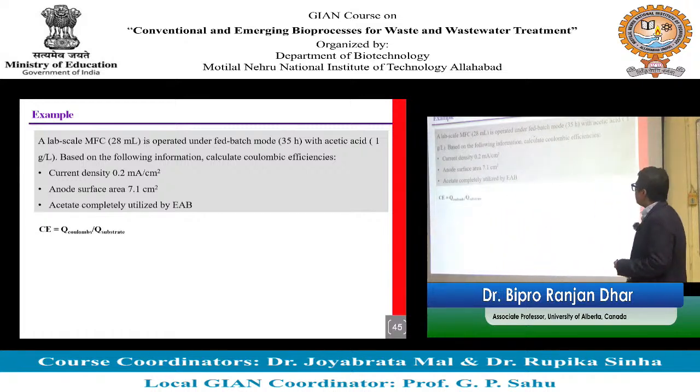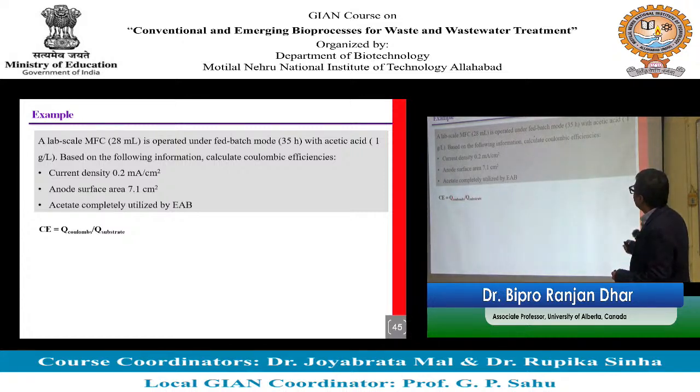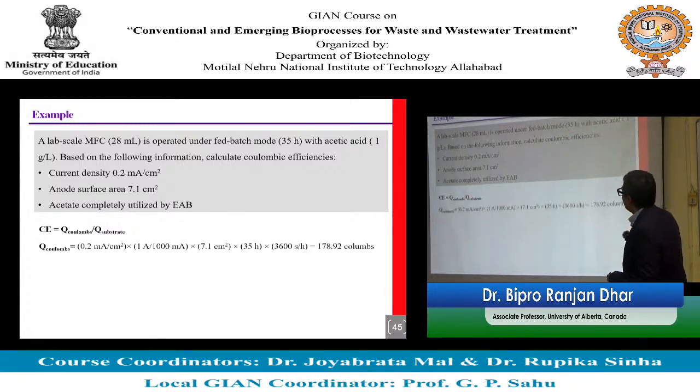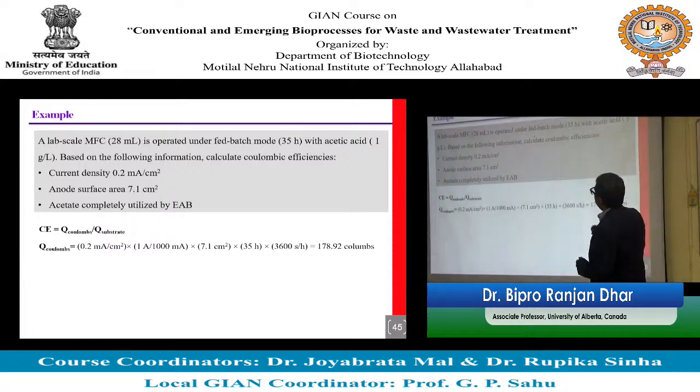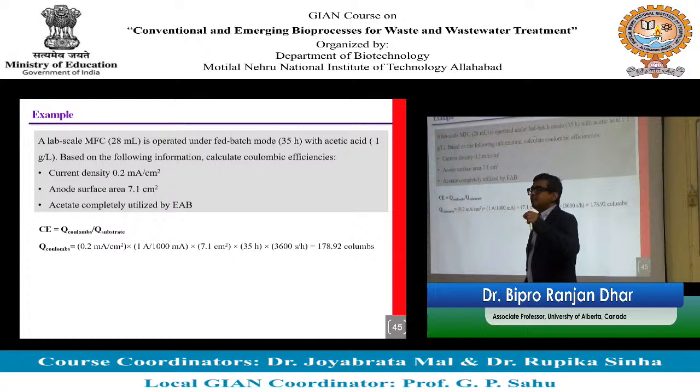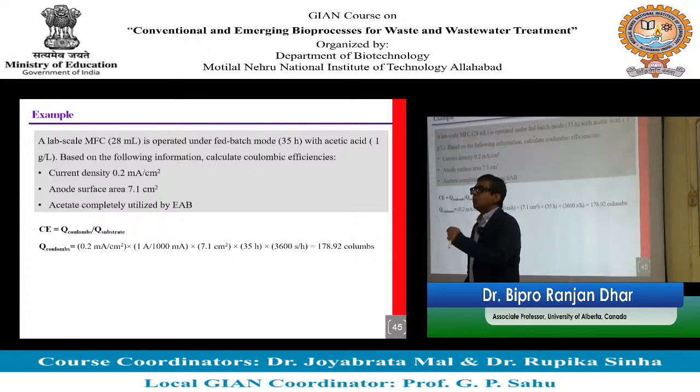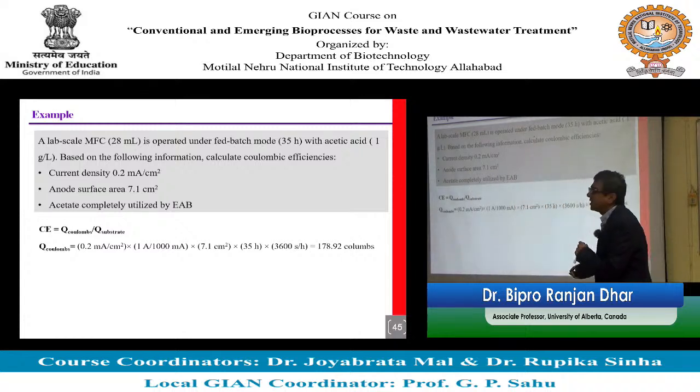So Q Coulomb is coming from current density, and Q substrate is coming from your acetic acid. Current density is 0.2 milliamp per centimeter square. Ampere is Coulomb per second, so I have to convert that current into Coulomb.